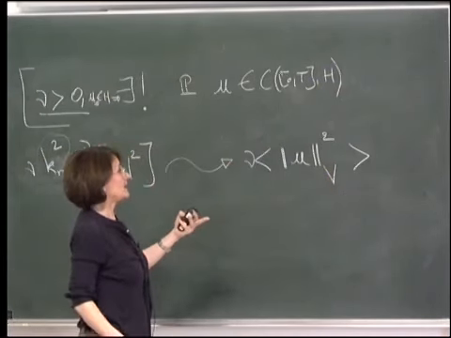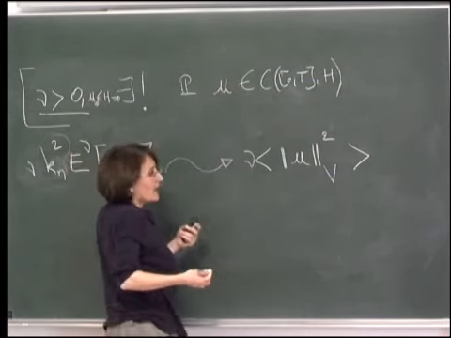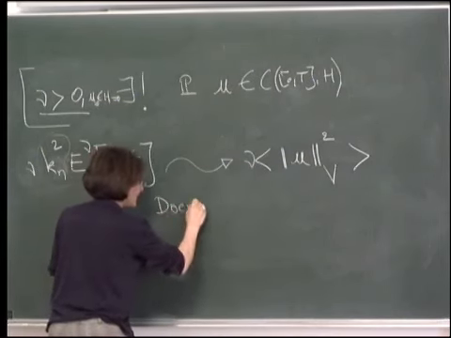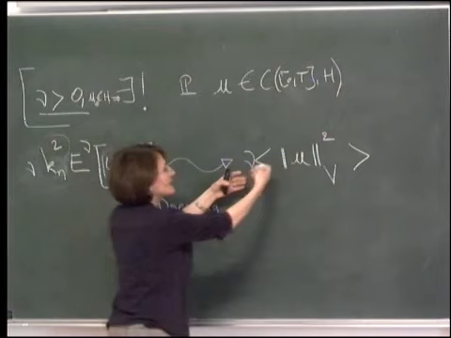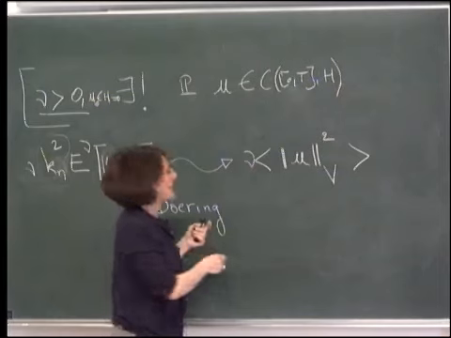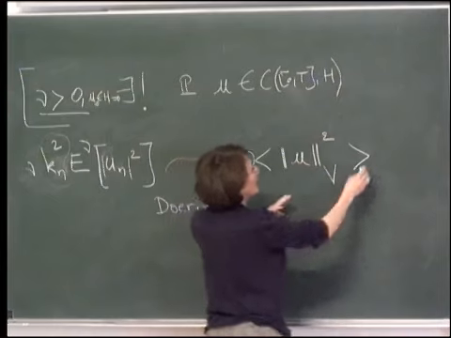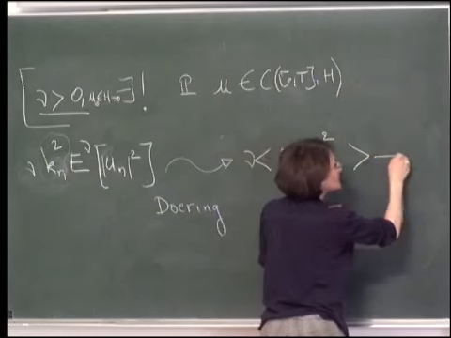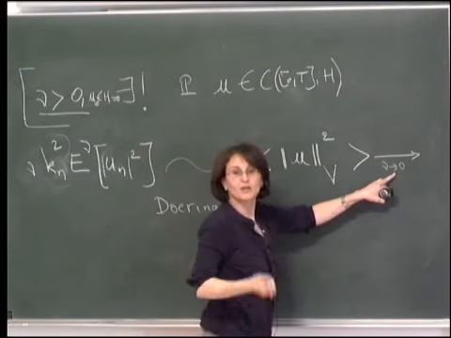Now, let me tell you, for people that know about physics, Doreen, in particular, for example, is interested in this kind of quantities. It is known in physics, or at least they believe, that this quantity, when nu goes to zero, will not go to zero.